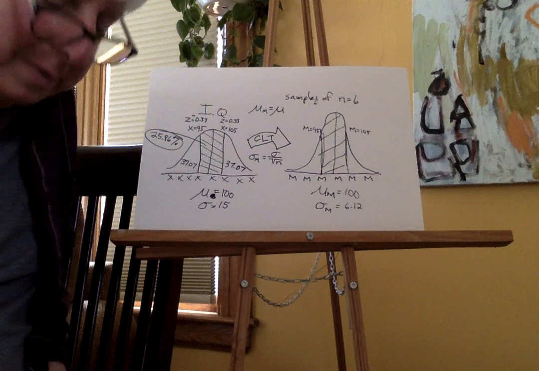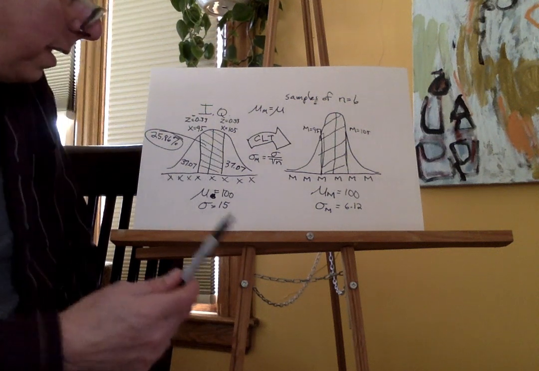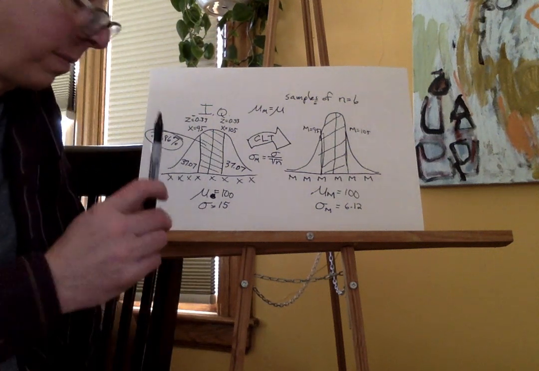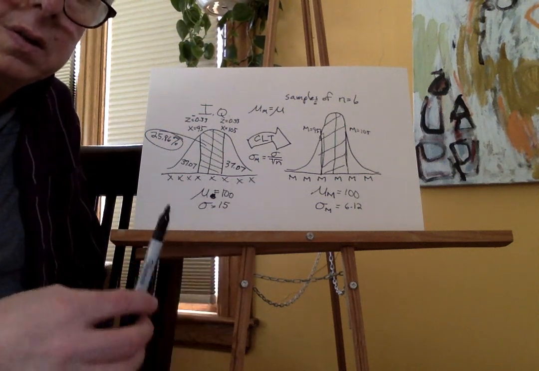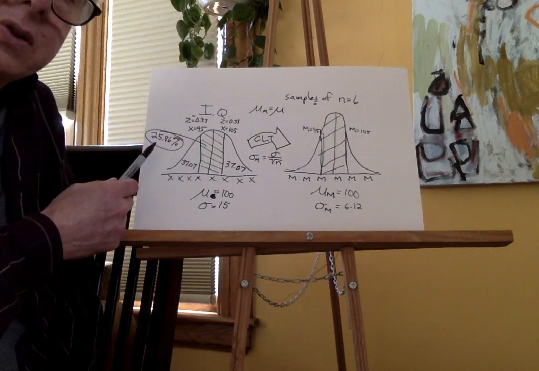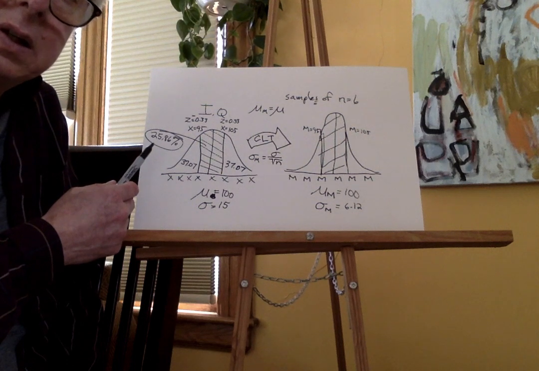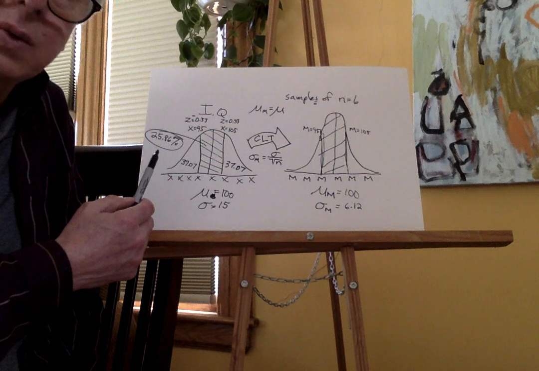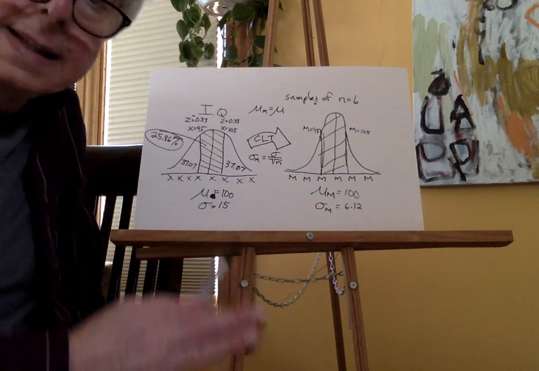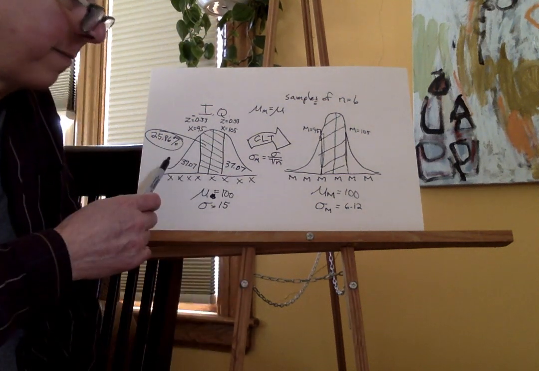Let's see if you're getting it. Do you think the probability of getting a sample of 6 close to the mean is going to be greater than 25.86, equal to 25.86, or less than 25.86? And it's not equal, okay?